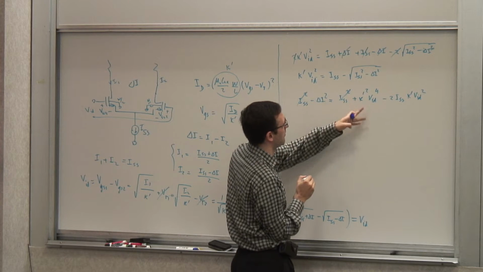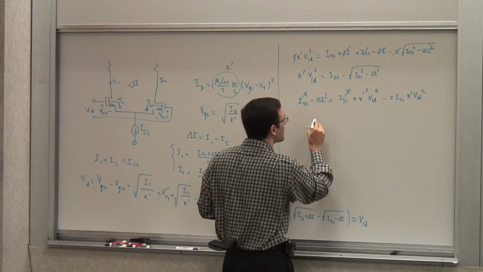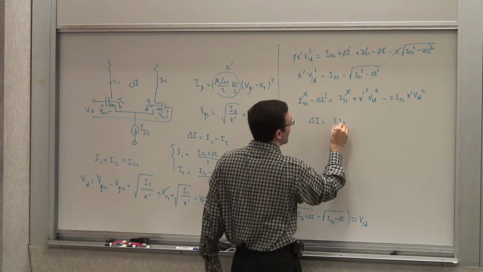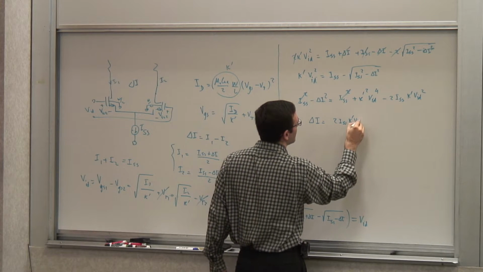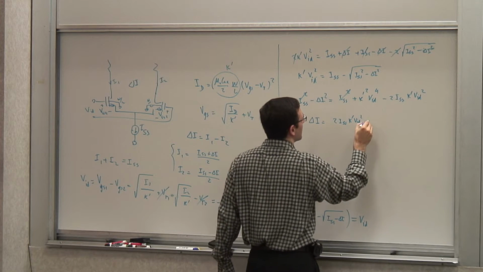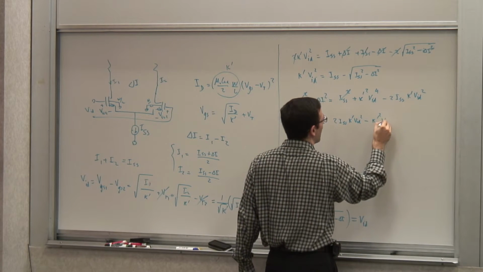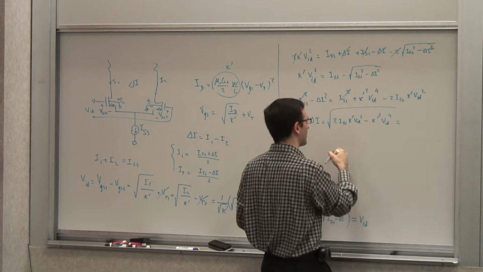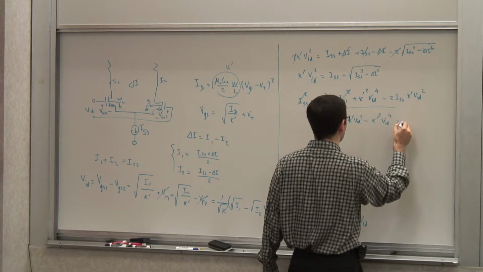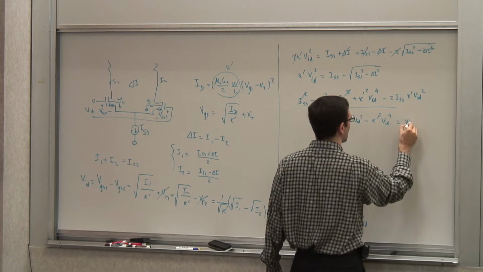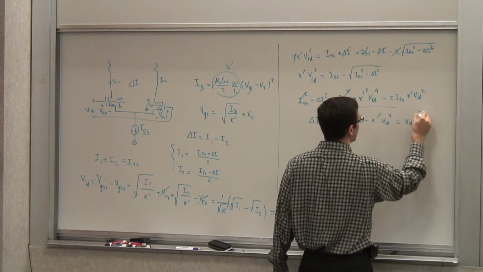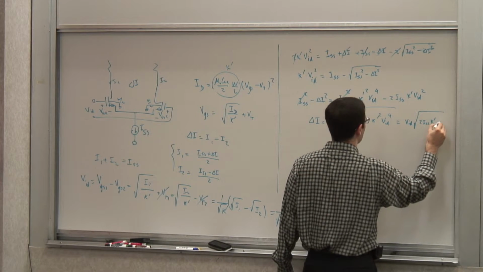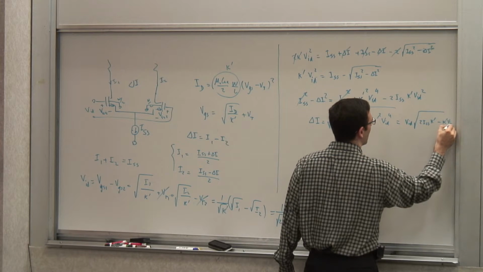So I multiply both sides by minus sign and take square root, so I get delta I, which is square root of 2 ISS K prime VID squared minus K prime squared VID to the fourth. So you can basically factor VID out. So you get VID square root of 2 ISS K prime minus K prime squared VID squared.